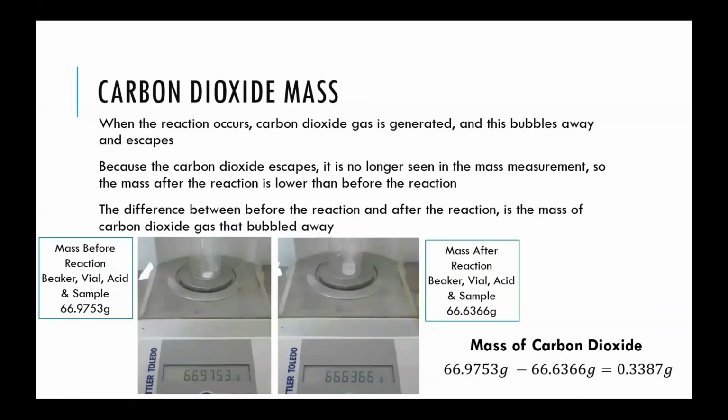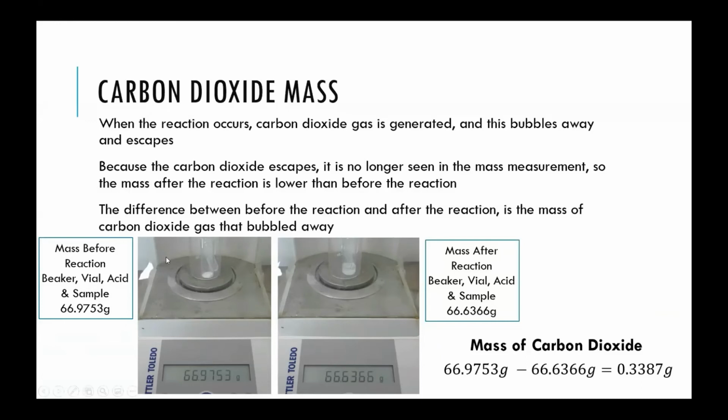After that, the reaction occurs. You're mixing the two components together. You're mixing the acid in the pipette with the carbonate sample in the vial. This causes the reaction to generate water and carbon dioxide. Carbon dioxide itself is a gas, and that bubbles away, meaning the overall mass is decreasing.